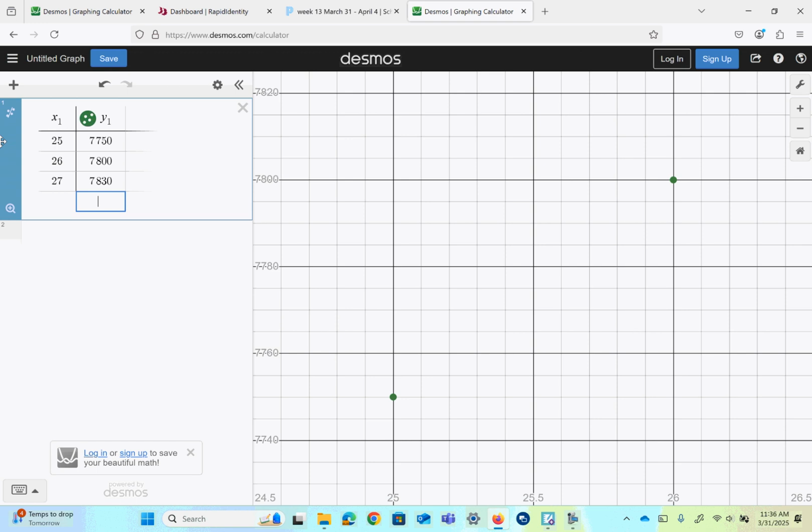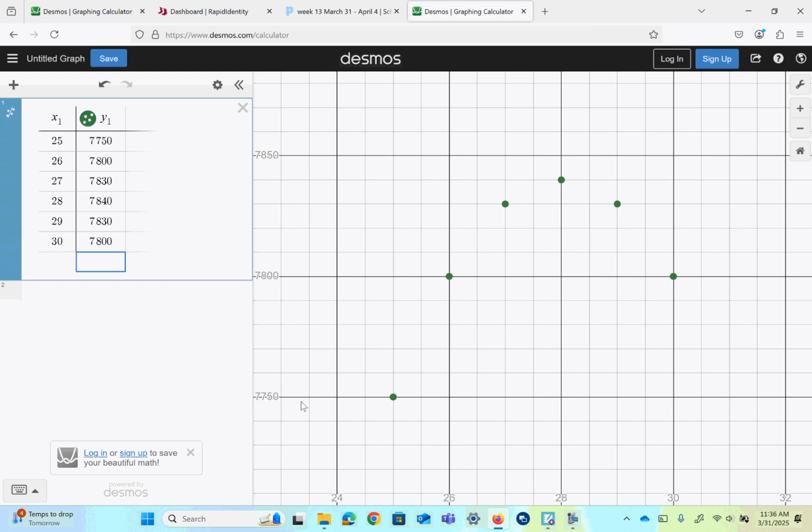We're going to have to eventually redo this graph. 28 at 7,840. 29 at 7,830. And 30 at 7,800. All right, so if I do this, what shape is it starting to look like? Parabola. Looking like a parabola.